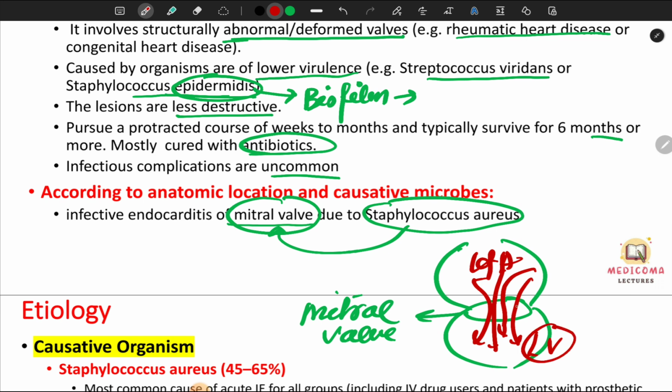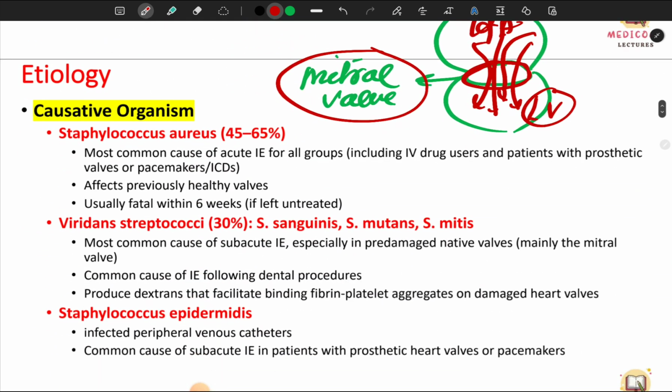So this mitral valve is under high pressure, and due to this high pressure the endothelium of that valve can undergo some damage. Due to this damage, the mitral valve can easily become infected. So this is the reason why infective endocarditis most commonly involves the mitral valve: the high pressure.